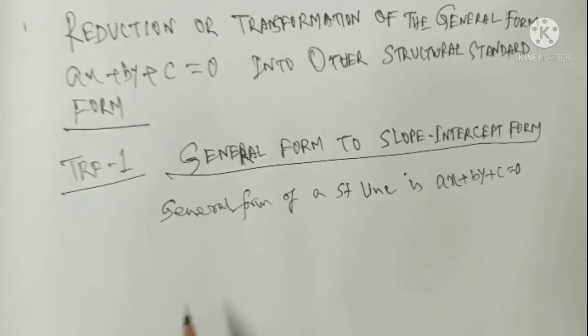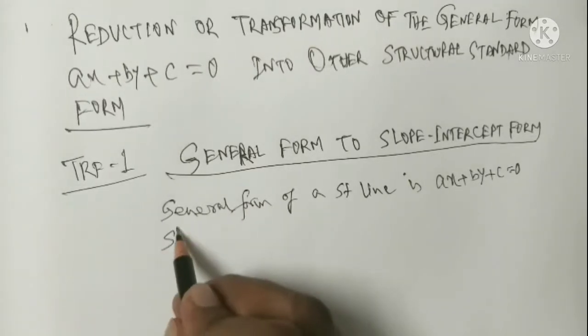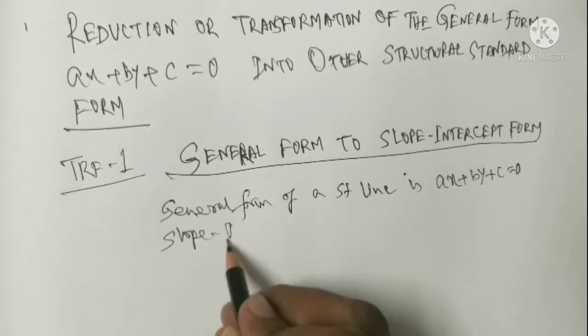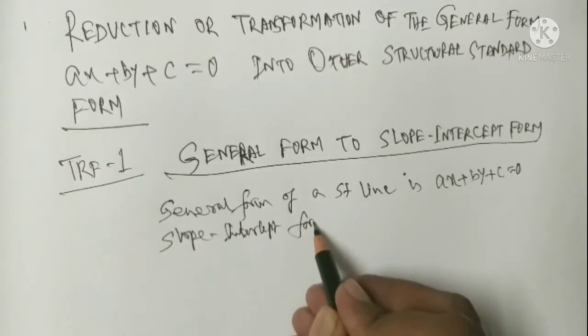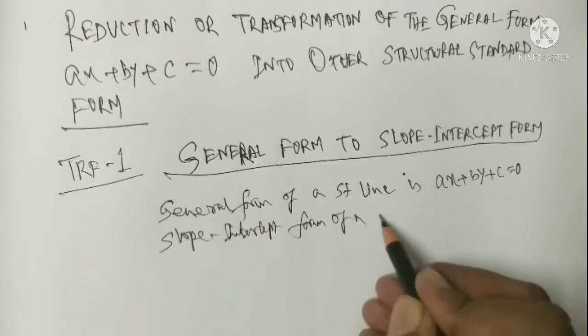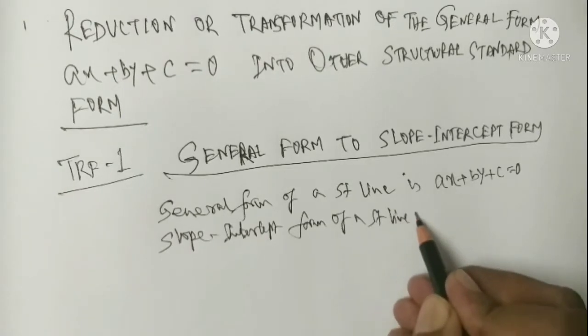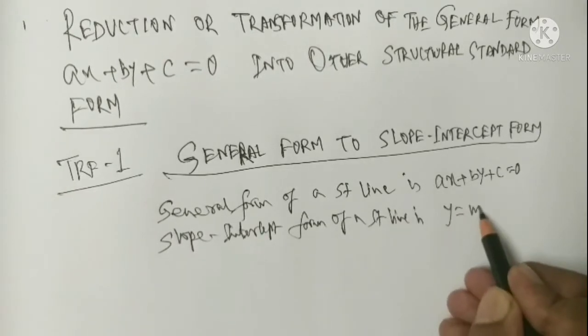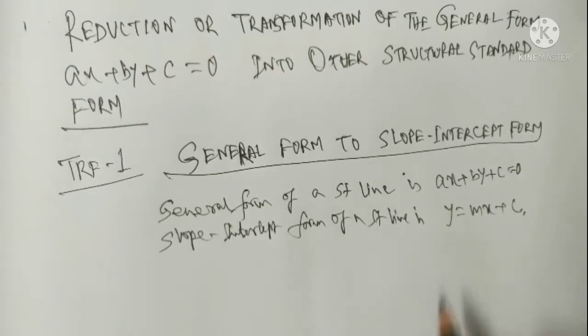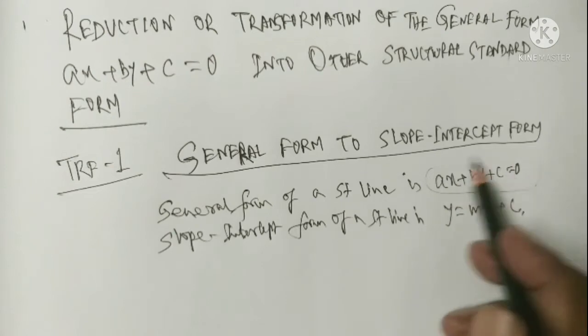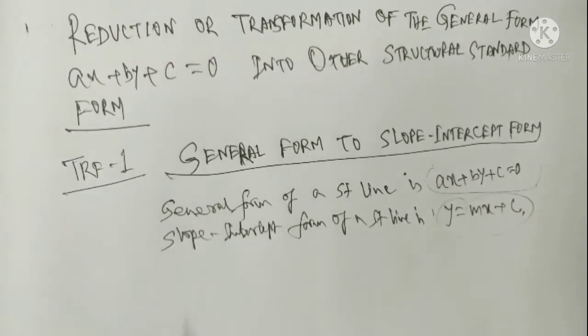The slope intercept form of a straight line is y equals to mx plus c. Now our task is to transfer this equation into this form.